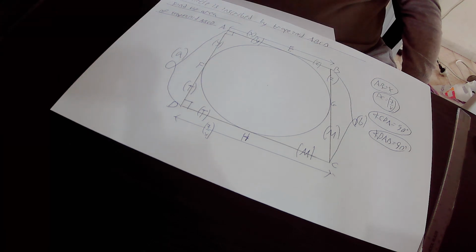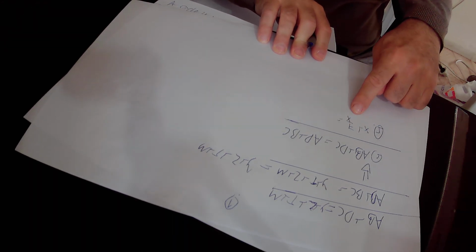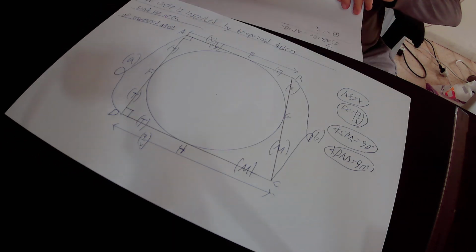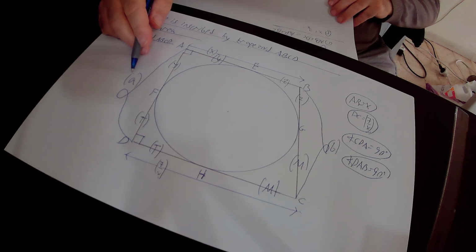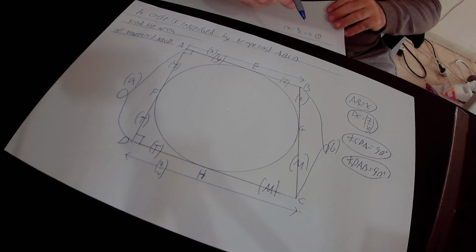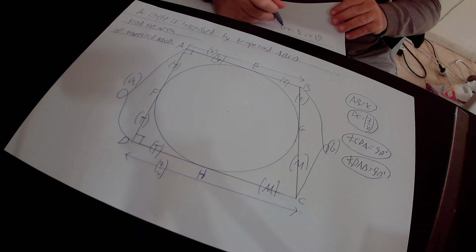Again, AB equals X and DC equals 7 over X, and it equals AD. AD equals A according to our definition, plus BC. BC equals B according to our definition.